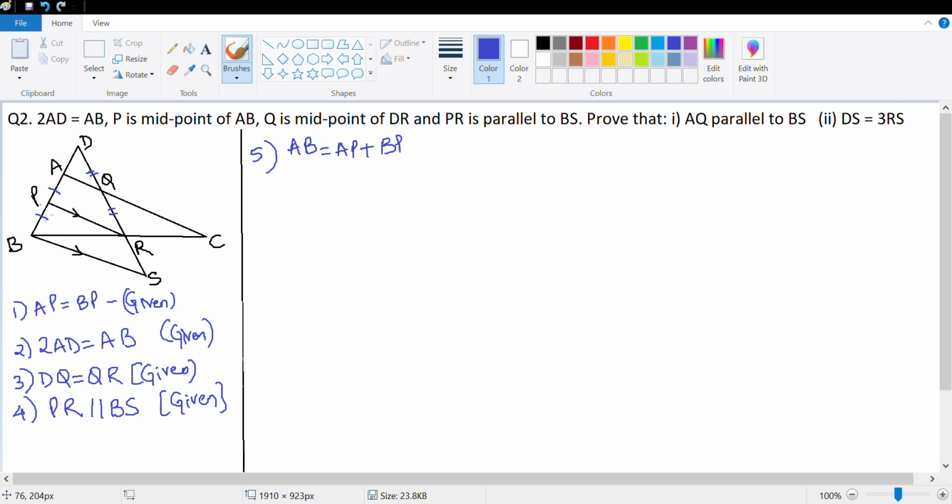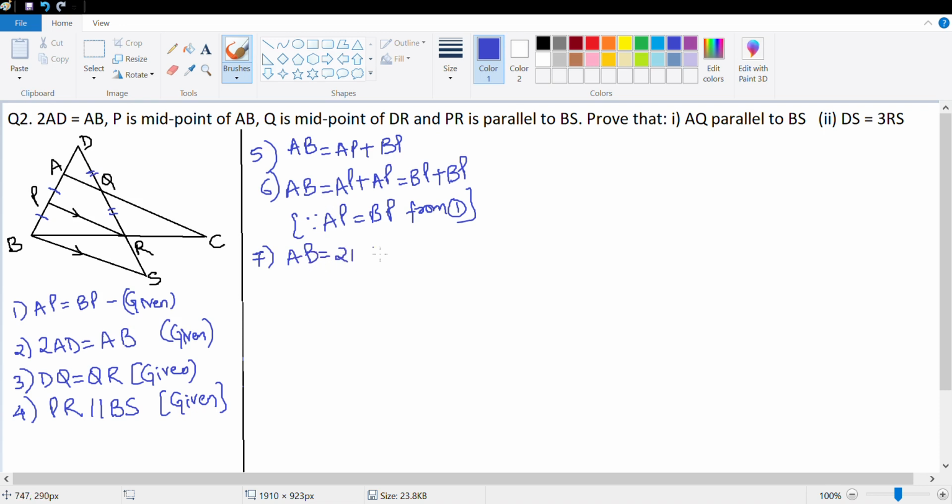And AB is equal to AP plus AP. Why? Because BP and AP are equal, or this can also be equal to BP plus BP. Since AP is equal to BP from 1. Perfect. So that's my 6. Number 7 would be AB is equal to 2 times AP, which is equal to 2 times BP.